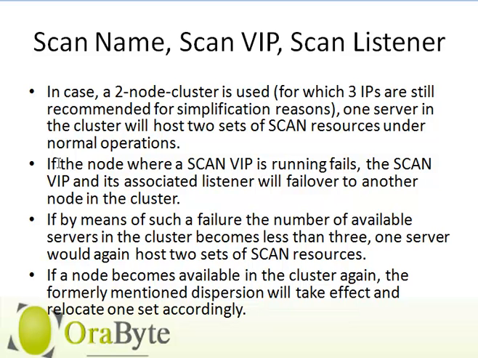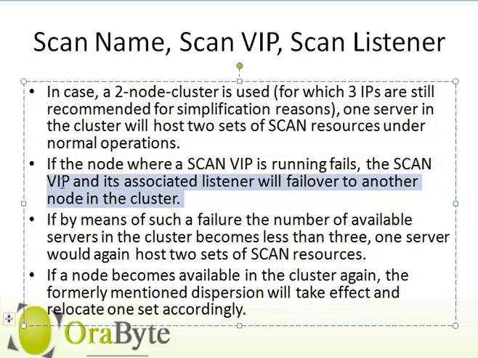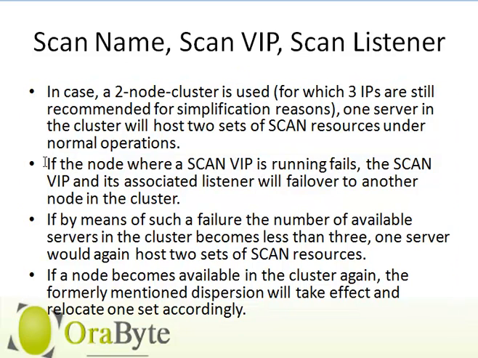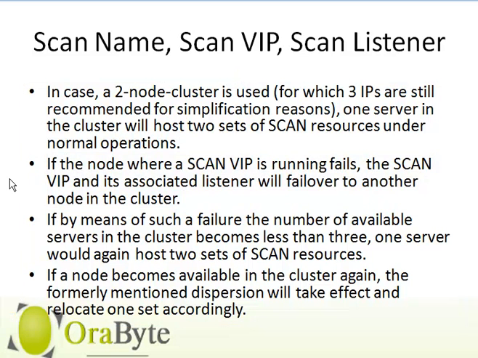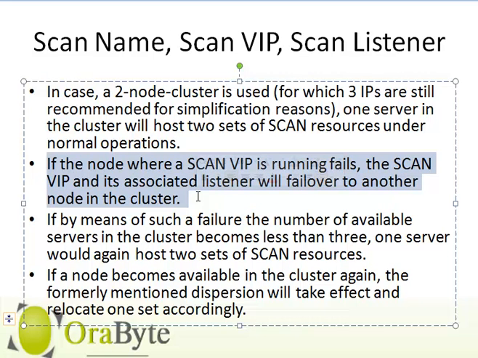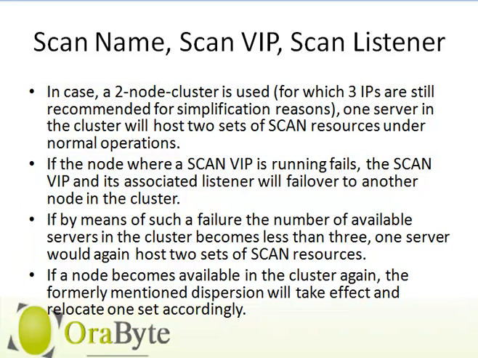If the node where the scan VIP is running fails, the scan VIP and its associated listener will fail over to the other node. So that is the reason we are using floating IPs. Virtual IP is a floating IP concept. If the node which is hosting your scan VIP and the listener fails, the scan VIP and the listener will fail over to the surviving node.